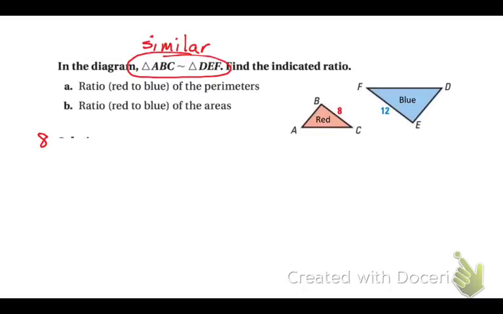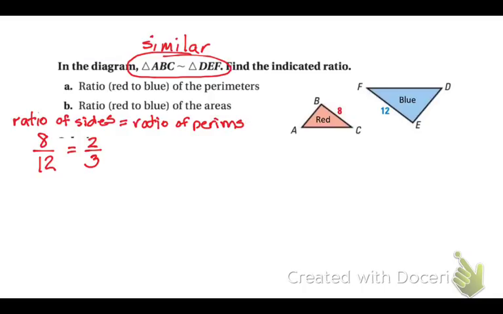So the ratio, in this case, the ratio of sides is going to be 8/12, which is 2/3, yeah, okay, and which is also going to be the ratio of the perimeters, okay, so you know the answer to A is 2/3.